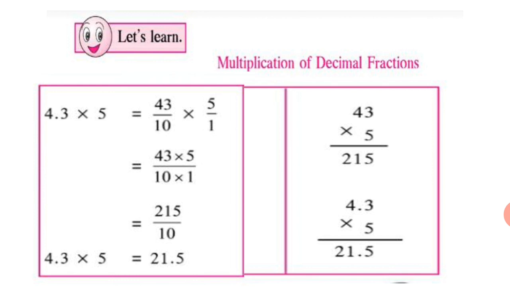Okay, and since in this chapter we are learning how to convert a decimal fraction into a normal fraction and a normal fraction into a decimal fraction, I will explain the sums using the first method, but you are free to follow the second method if you find it easy. All right, so the other steps or the statements will remain the same, but the working you can choose between these two methods.